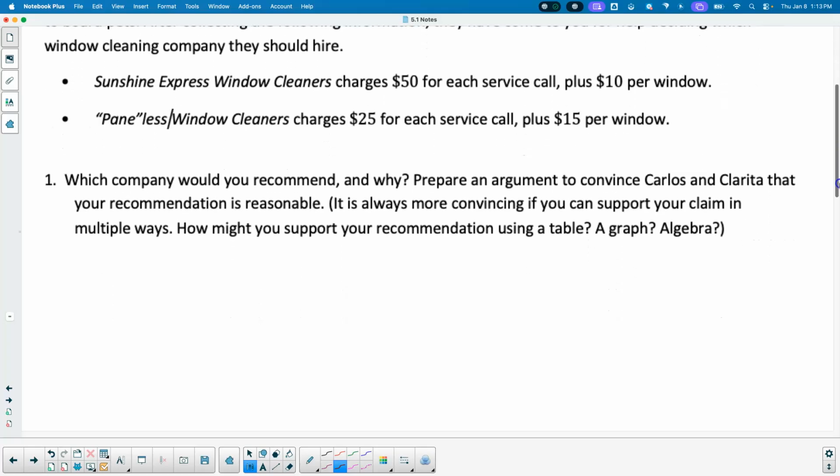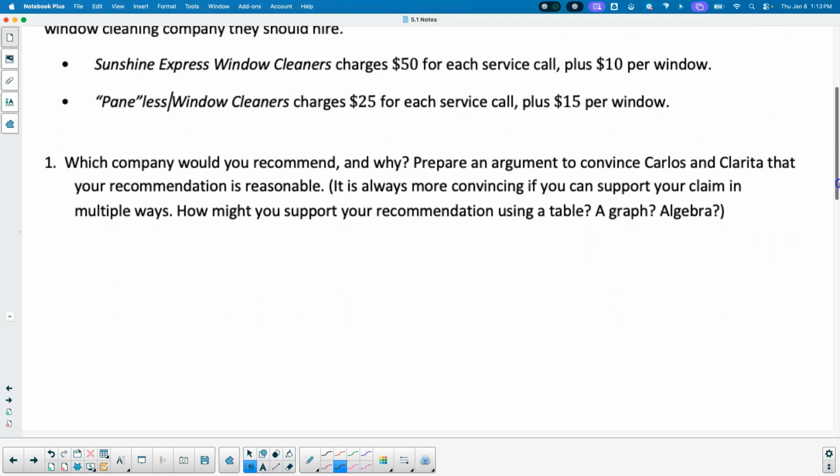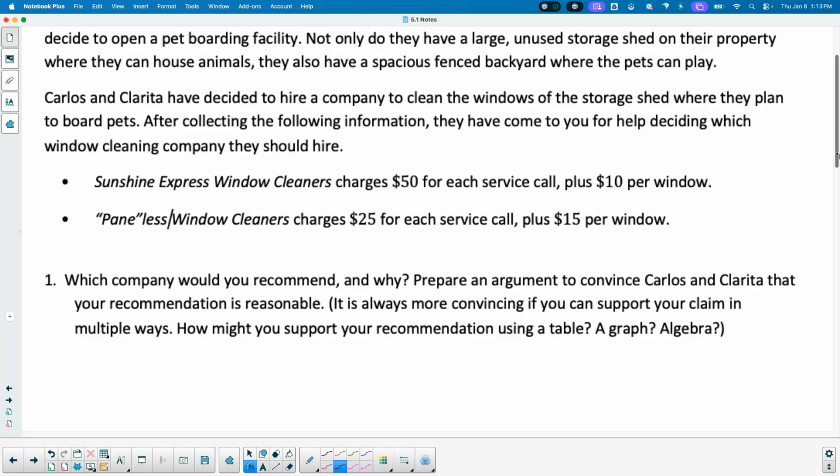Okay? All right, so let's come up with an equation for Sunshine Express windows. Let's go with X is the number of windows and Y then would be the cost for them to come out. Okay?